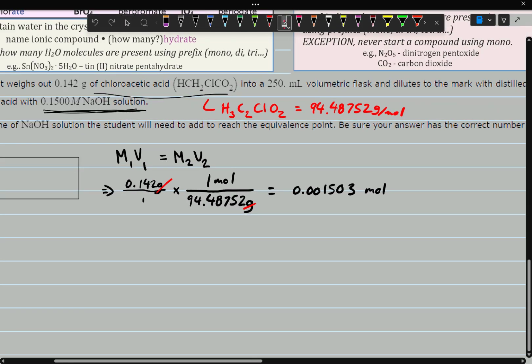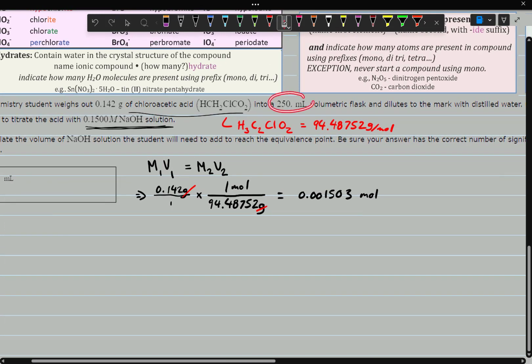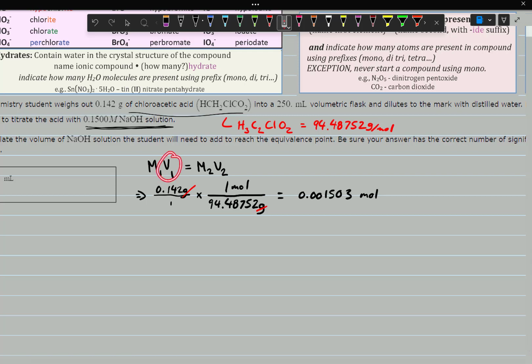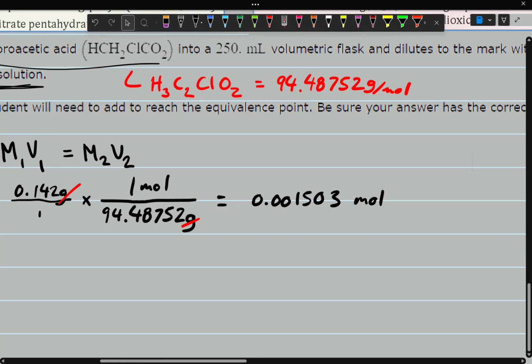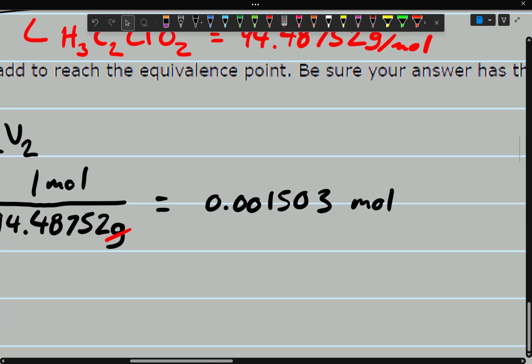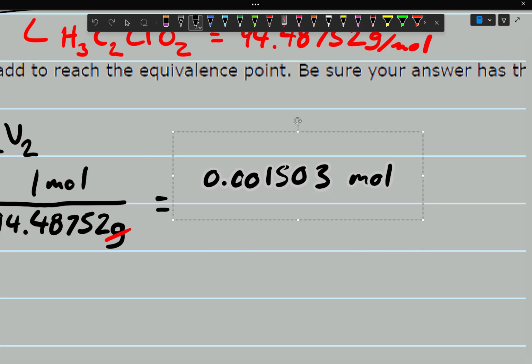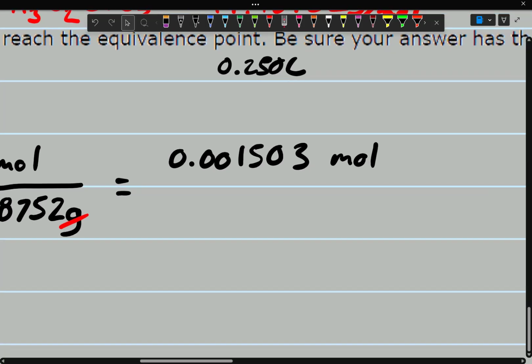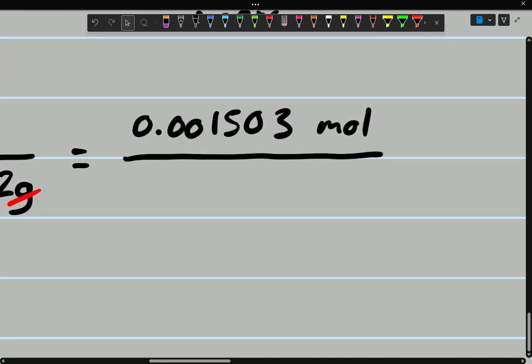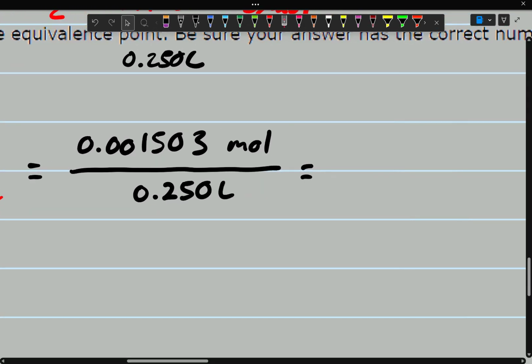Now, we're already given a volume, which is going to be V1 in this equation, the volume of our acid, and that's 250 milliliters. So 250 milliliters to liters, that's just going to be 0.250 liters. So if we divide the amount of moles of acid by the volume which this acid is in, then we get our molarity.